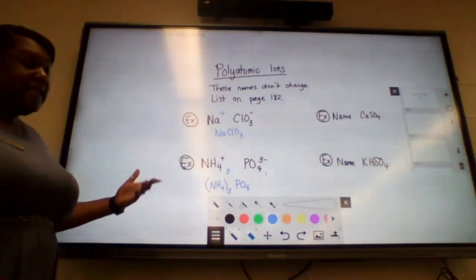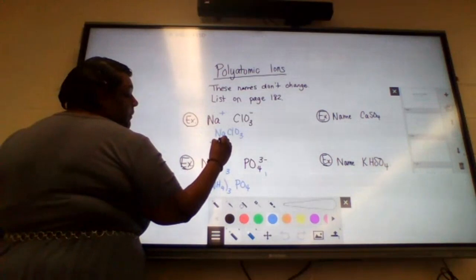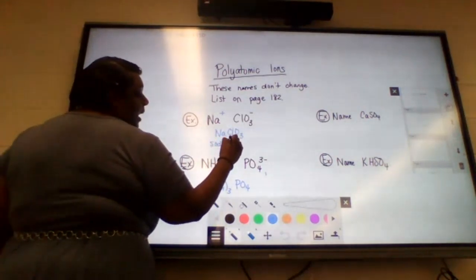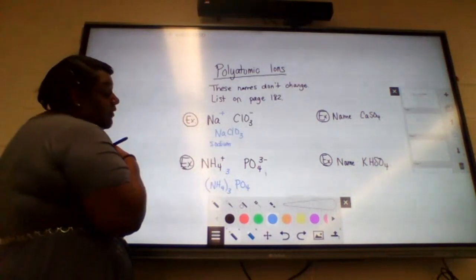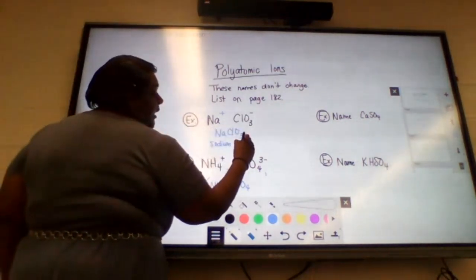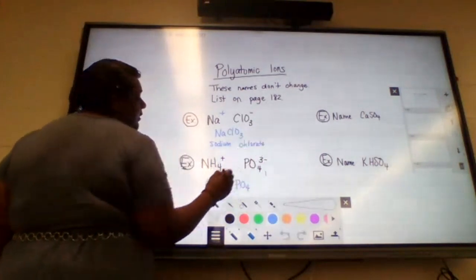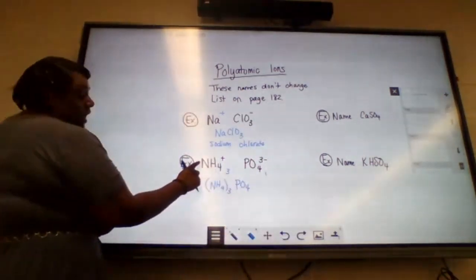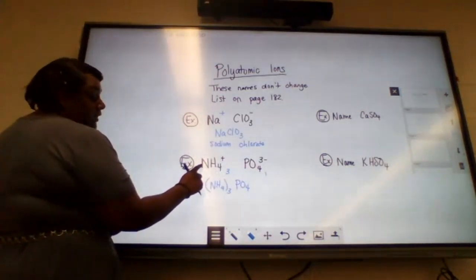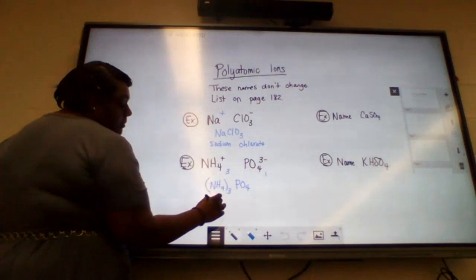And so if we were to name this compound, we would name sodium. From our polyatomic ion list, ClO3, we know, is chlorate. And so the name of that compound would be sodium chlorate. For the name of this compound, we know from our polyatomic ion list that NH4 plus is ammonium.